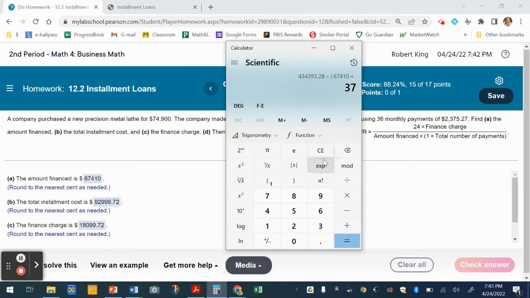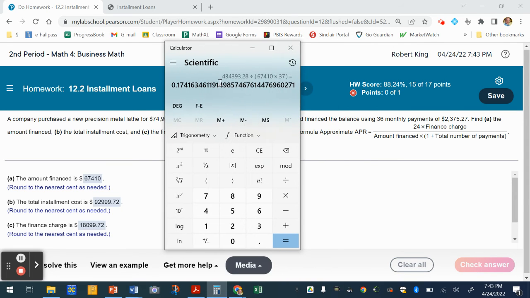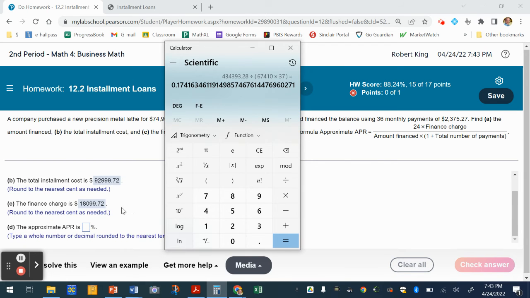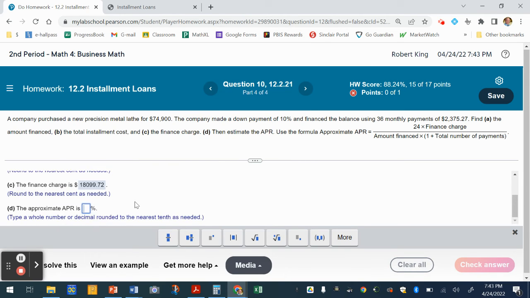Close the parentheses, hit equals, and we get this number, 0.174163. And then we multiply that by 100 to get it into a percent. So it's approximately 17.4%.